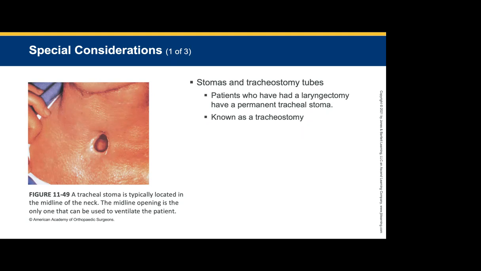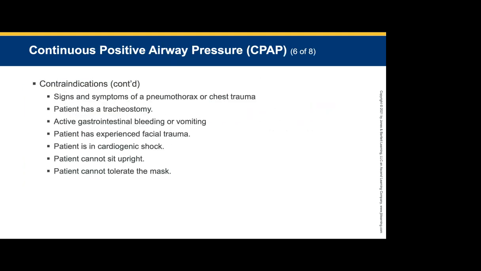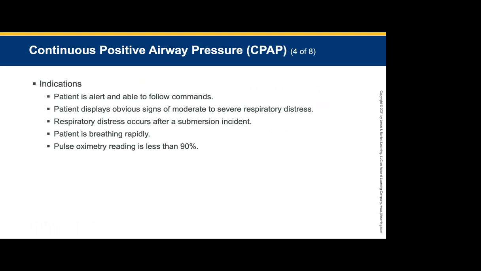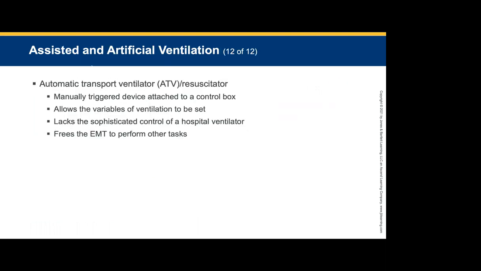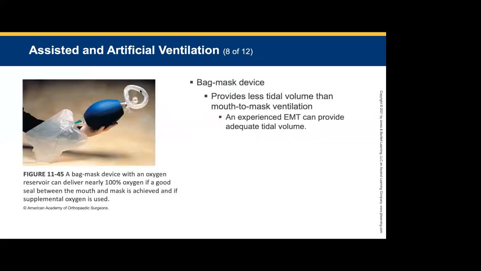I just want to show y'all so y'all understand what I'm talking about. Hang on. So this piece right here comes off, and there's a little bitty part right there that fits right over that stoma.